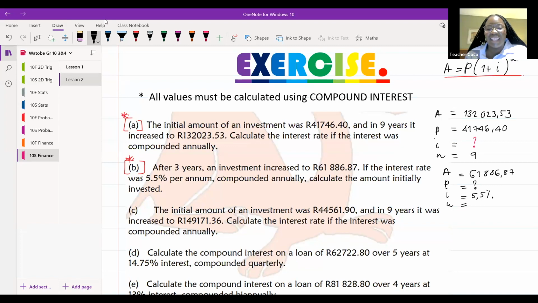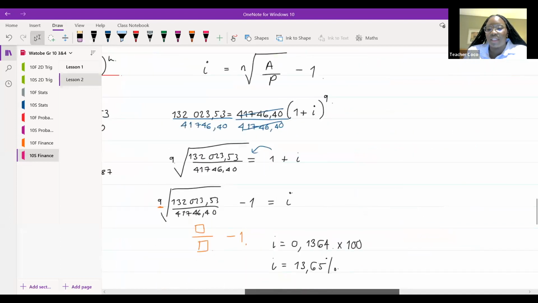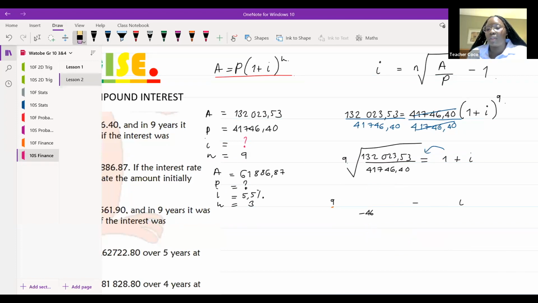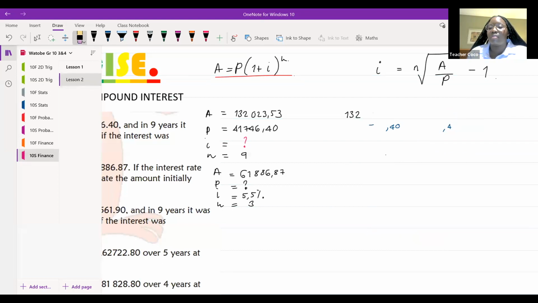Our N is 3 years. Beautiful. Now put that into a formula for us. So what are we going to get? 61,886.87 is equal to P into 1 plus 5.5% exponent 3. Exponent 3, good.